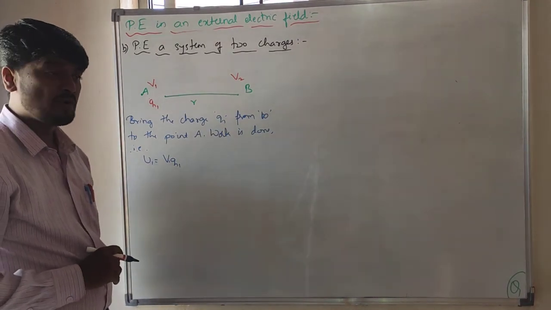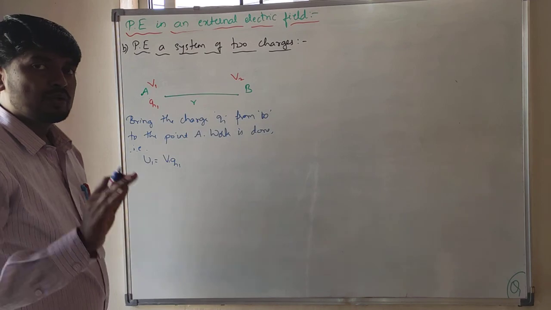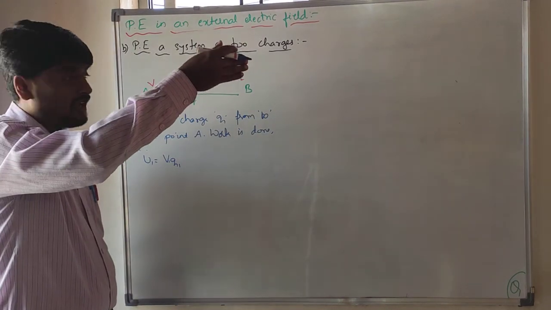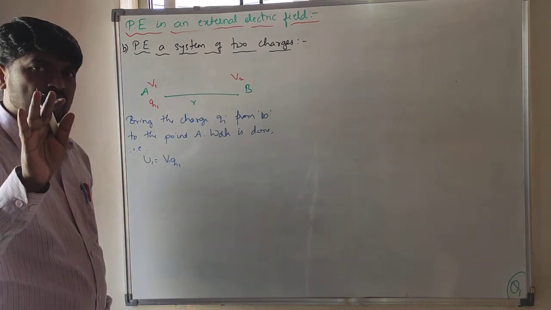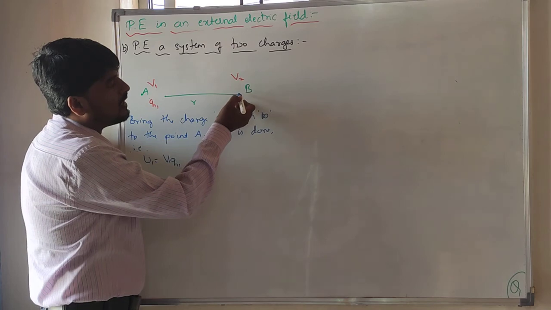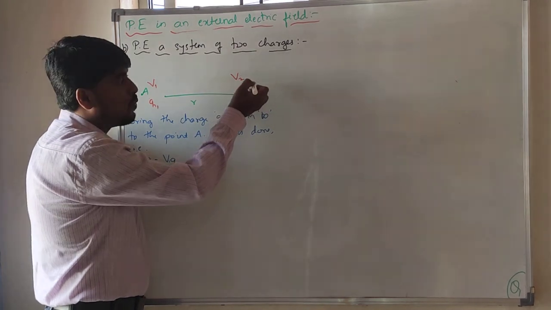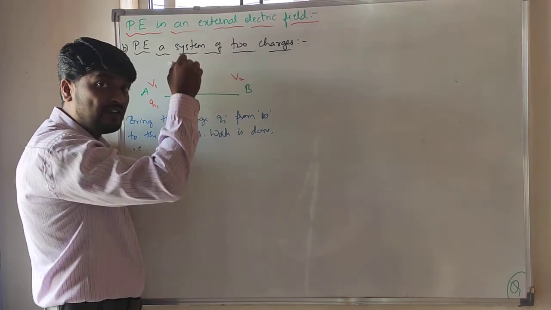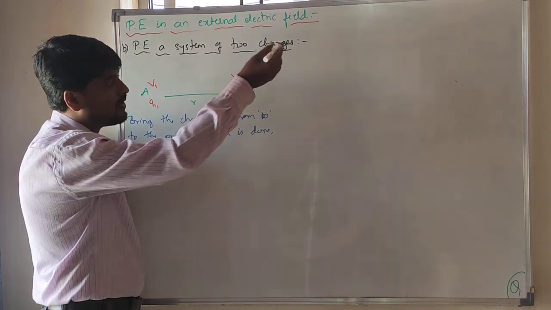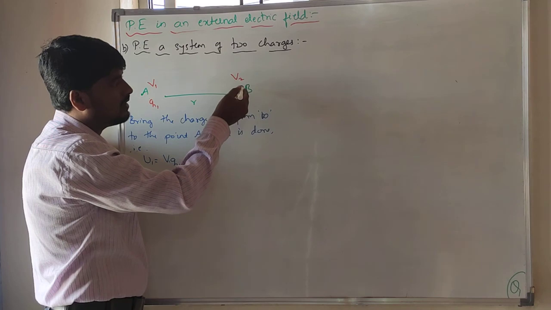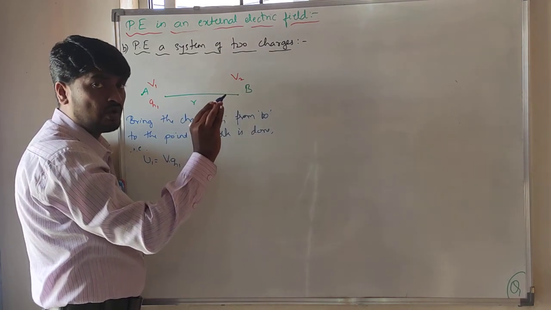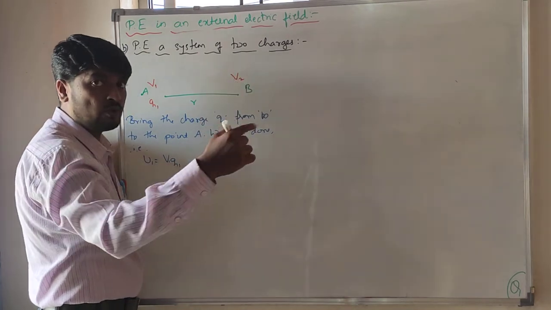Afterwards, here comes a very important point. When I bring the charge Q2 from infinity to the point B, listen carefully. Already at the point B, one potential is there, one electric field is there. If I bring the charge Q2 from infinity to the point B, the energy stored in charge Q2 due to V2 is V2 Q2.